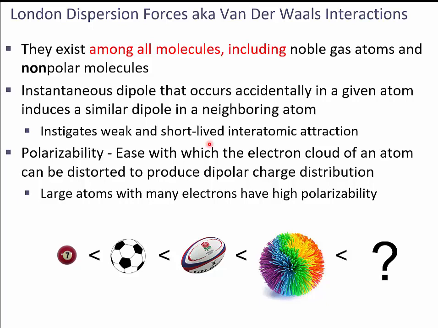So the size and shape and how strongly those electrons are bound to that atom or molecule are going to matter. Something like helium is small and round, and it's going to have smaller van der Waals forces or smaller London forces because it's got a lower polarizability. It's harder to move those around.